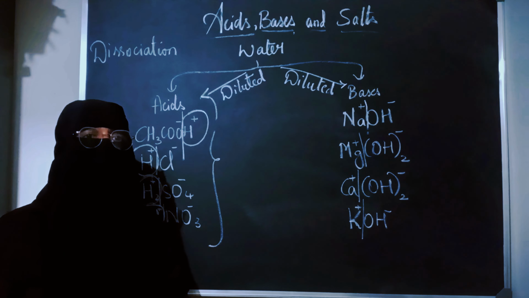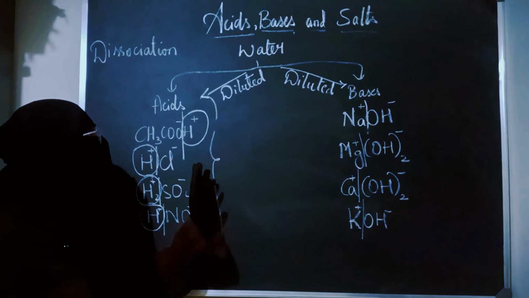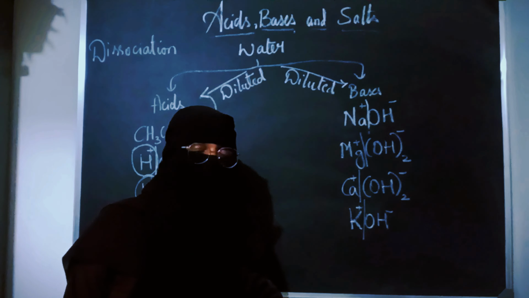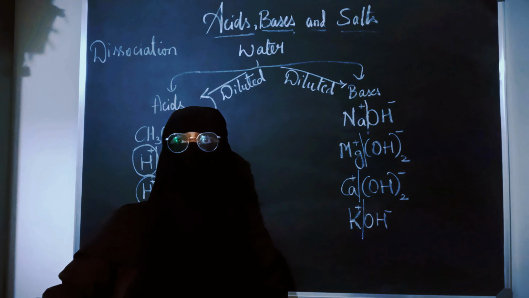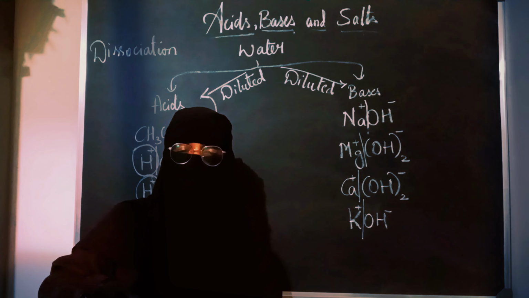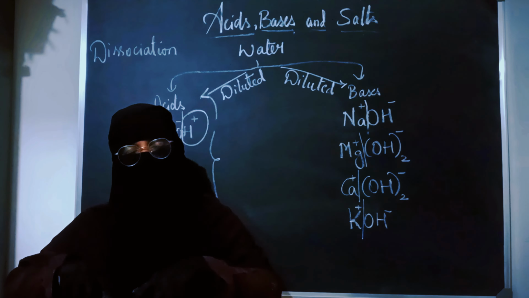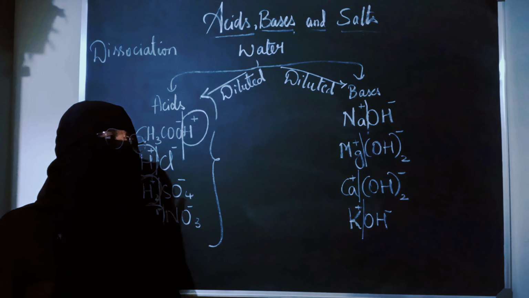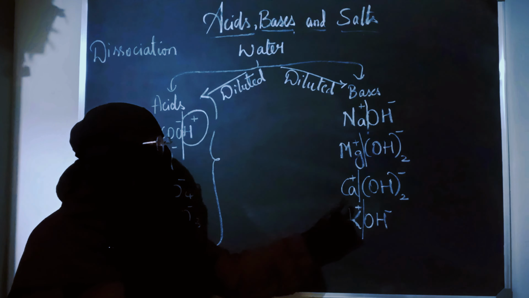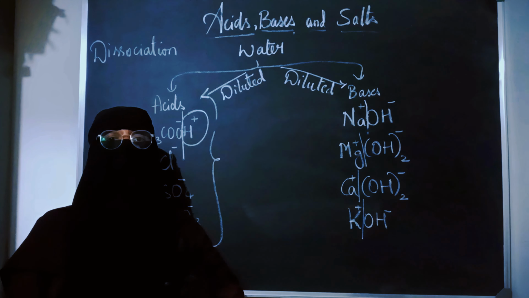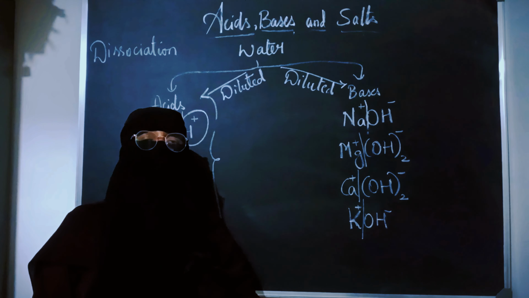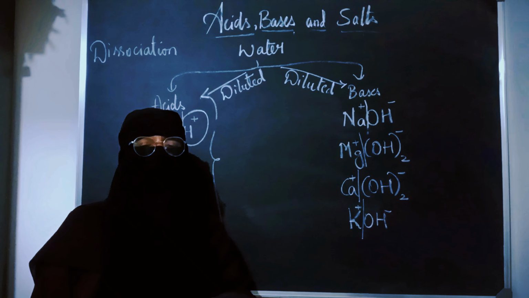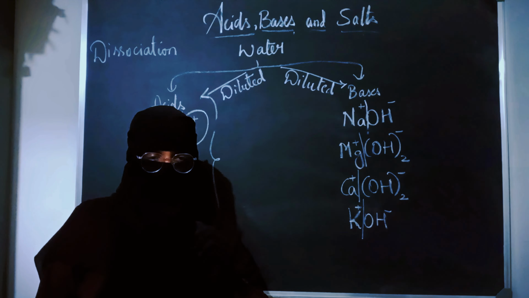This is one thing. Now, during the dilution process, can I add water to acid or should I add acid to water? Basically, if you want to dilute an acid or a base, it is an exothermic reaction. An exothermic reaction is a reaction in which heat is given out.